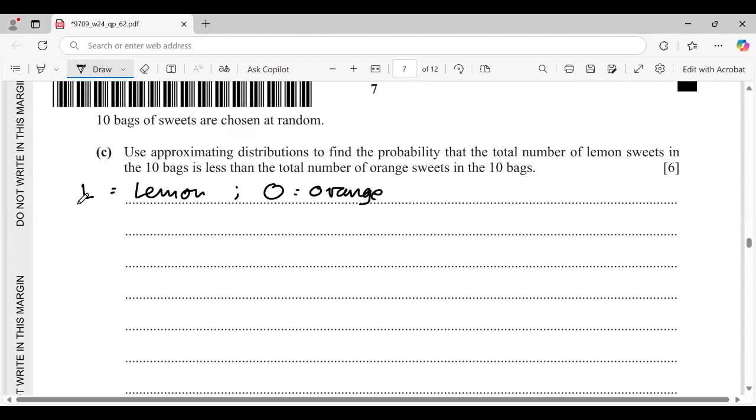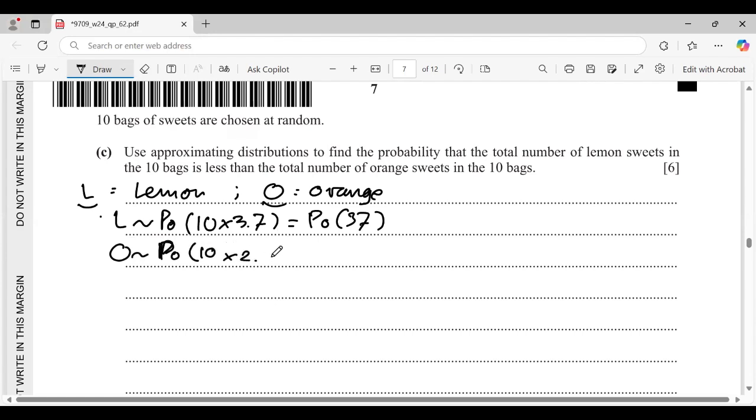Then the Poisson distribution becomes 10 times 3.7, so it's going to be Poisson 37, that is its mean. And orange becomes the Poisson distribution 10 times 2.6, so Poisson 26.